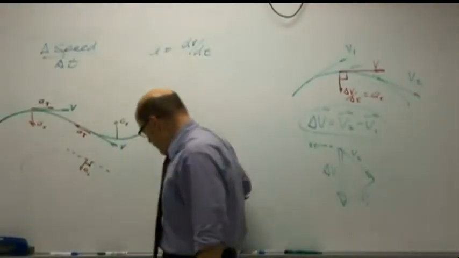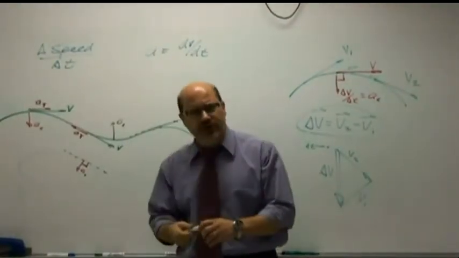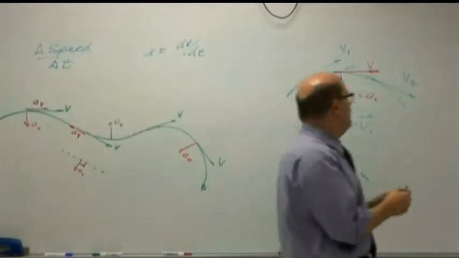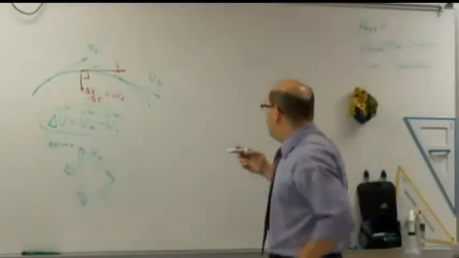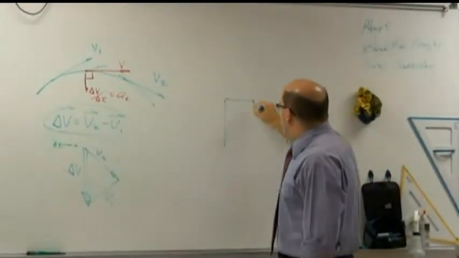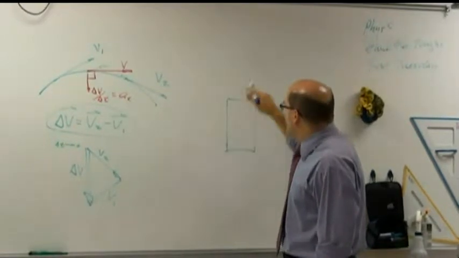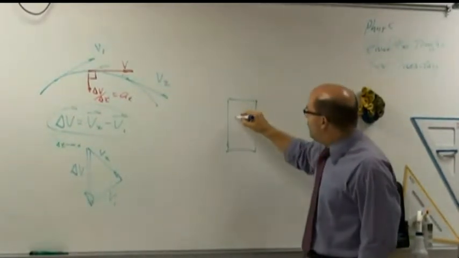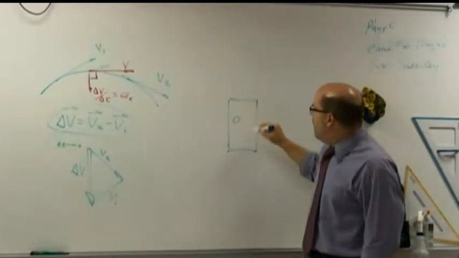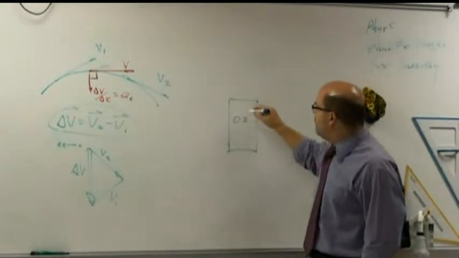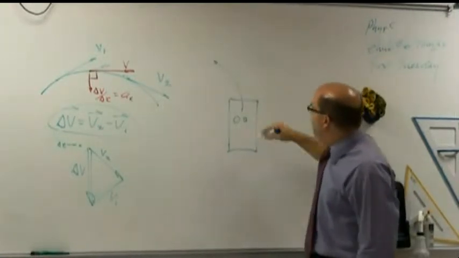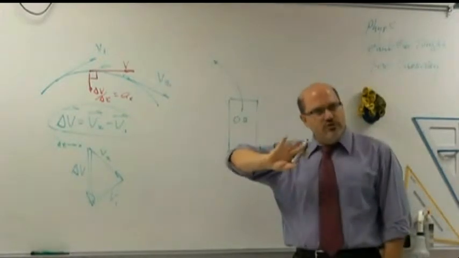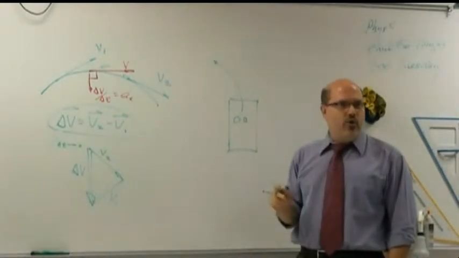Sometimes there's a trick question. This trick question usually shows up in Physics B, but it could show up in Physics C as well. You've got a car, and you're looking down at the car from the top. You're sitting there driving, and you've got a package sitting next to you, and you make a turn, and the package scoots to the right-hand side of the car as you go around the turn.